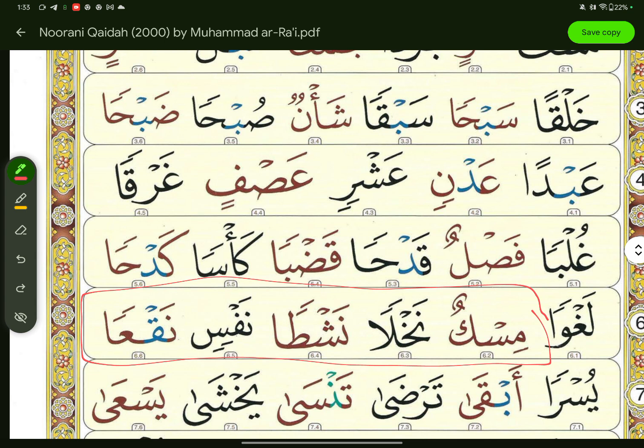This one has a ta on top, so ta. No, not ta, there's a nun. One dot. Alright, so that is a kha, right? Yeah, because of the dot. Right, nice. So it's Nakhlan. Yeah, nakhlan, palm tree.